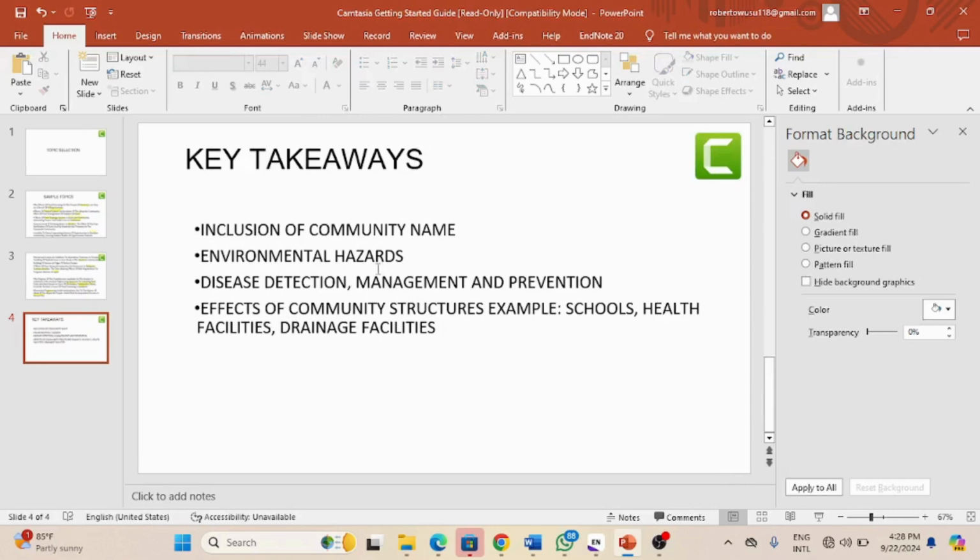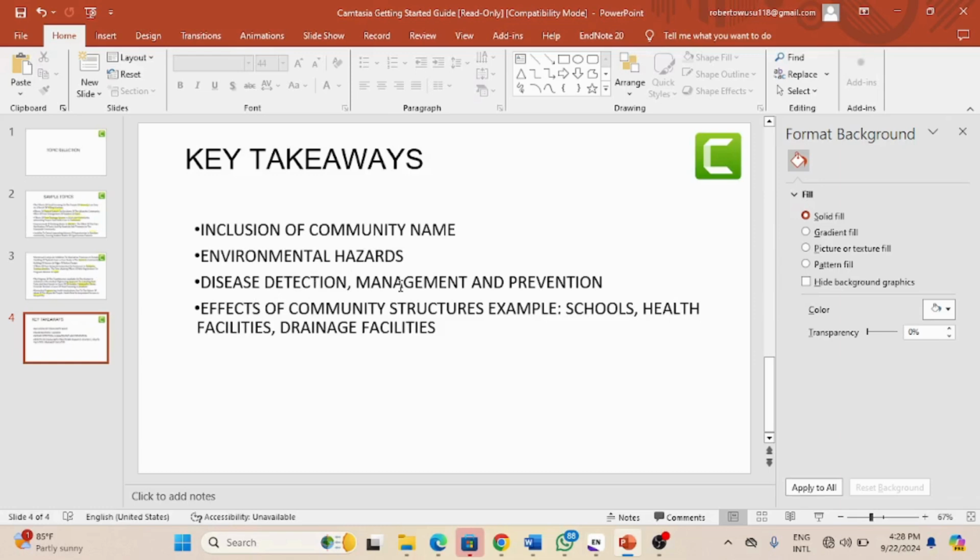So you can use this to construct a nice topic for yourself. Just look around your community. First of all, include the name of the community as part of the problem. Then the environmental hazards you see around. Maybe there is a particular factory causing pollution, and you think you can design a nice nose mask or a nice device for people to wear, or any form of solution that should be biomedical engineering based to solve this problem.